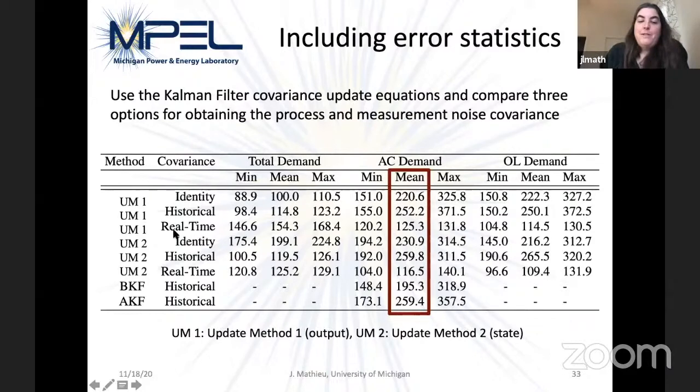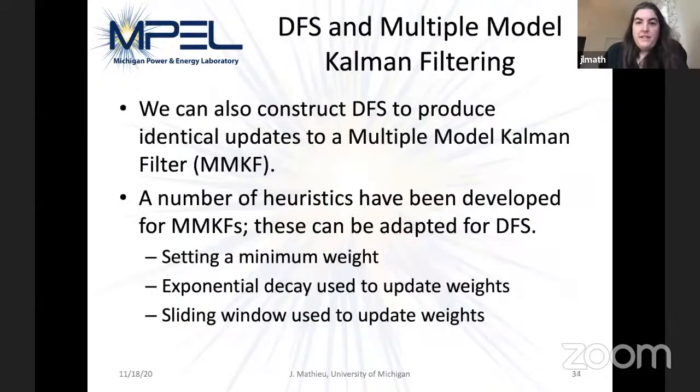But if we use real-time data to get the error statistics and then use that within the algorithm, then we do better. So if there was some way to actually incorporate error on how well the algorithm is performing over time and update that in real time, we could improve these algorithms because we'd be using more information about the system. So we spent a lot of time thinking about this and how these algorithms compare to Kalman filtering.